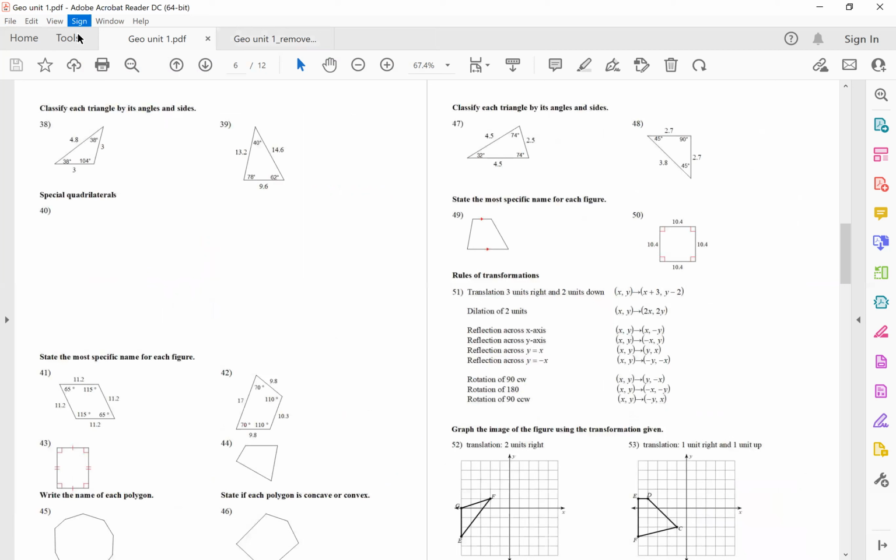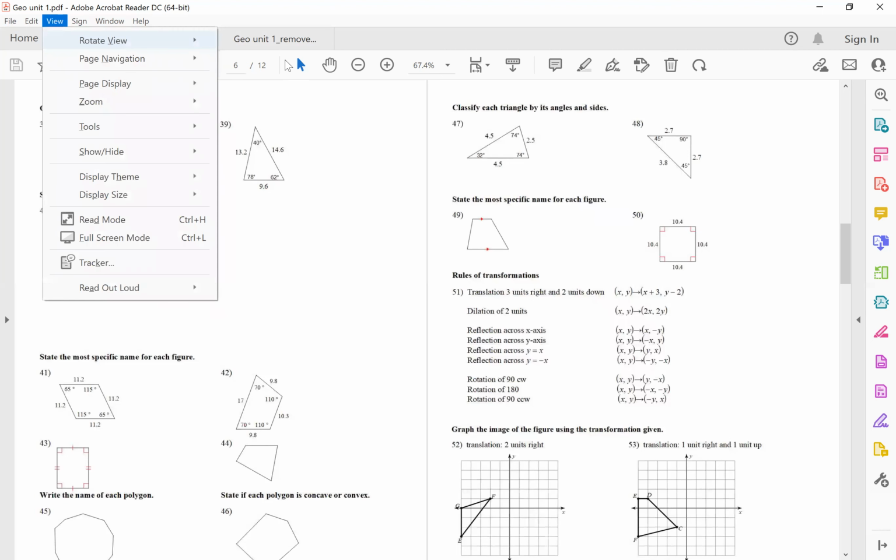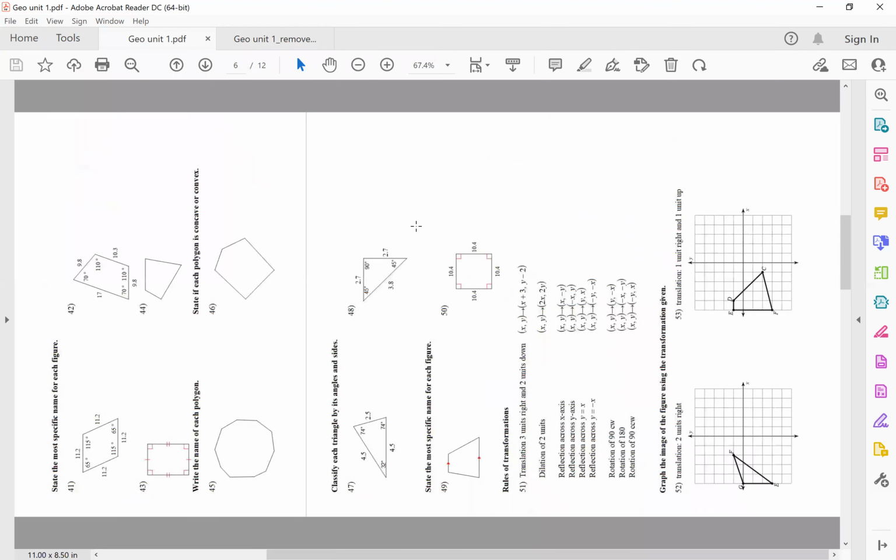Now, the interesting part is, let me come to view. This is how 270 clockwise looked, right? I just showed you guys a few seconds ago. But the funny thing is, let me come back to the original.